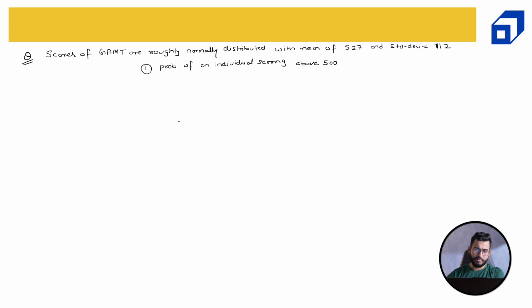Let's solve this question. I know that the GMAT scores are normally distributed with the mean 527 and standard deviation 112. Now I will find out how many standard deviations above or below the mean this value is lying at. So we'll use the standardization formula. We will find the corresponding Z value, which is nothing but x minus mean divided by sigma.